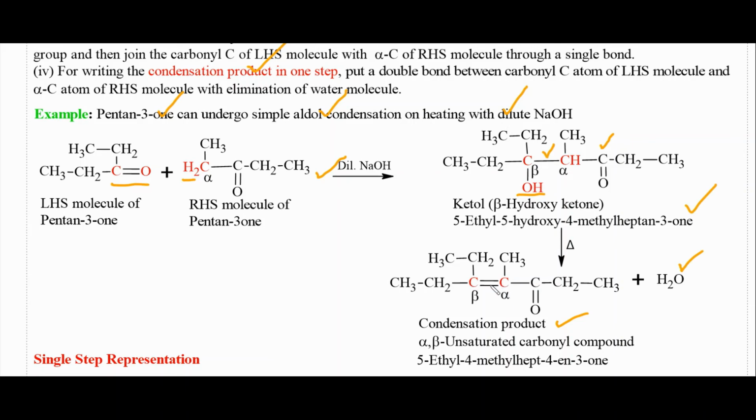So this condensation product is actually an alpha beta unsaturated carbonyl compound. This is the carbonyl group. Between alpha and beta there is unsaturation. In this case, the condensation product has the IUPAC name 5-ethyl-4-methylhept-4-en-3-one.